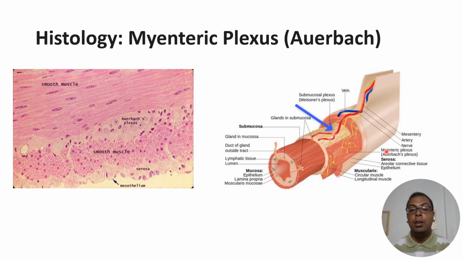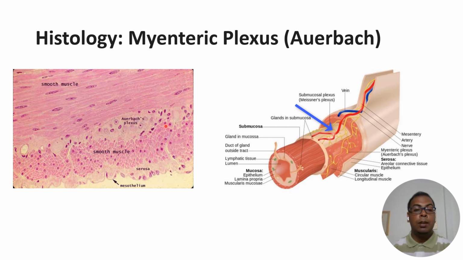So the myenteric plexus or the Auerbach plexus is in between the muscularis layer. So that's where it is. And the nerves that form the myenteric plexus, it is these neurons which are degenerated in achalasia.